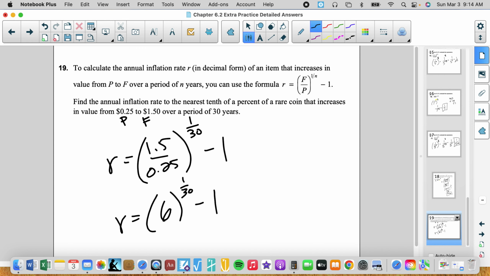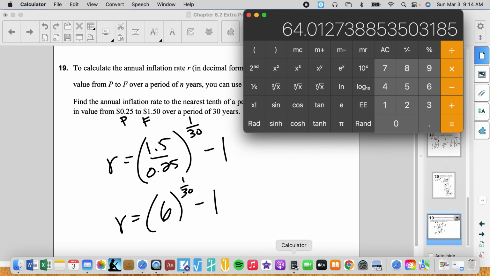Why do I feel like that's not correct? Maybe. Yeah, okay, let's do 6 to the 1/30th. That's the 30th root of 6. That seems a little extreme. We're going to use the y root of x.